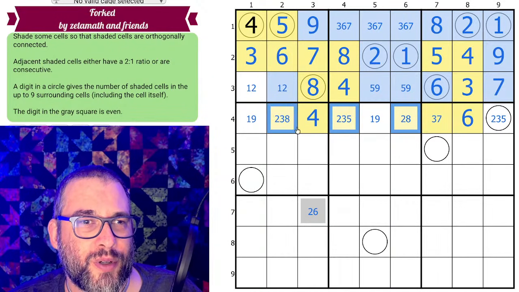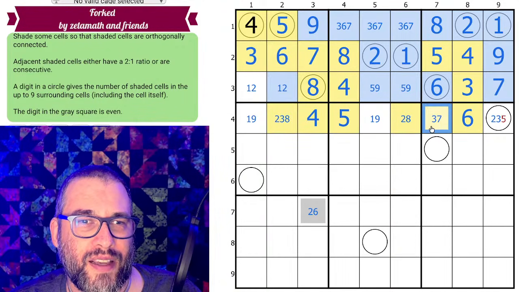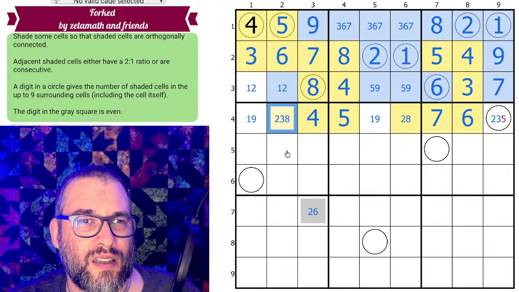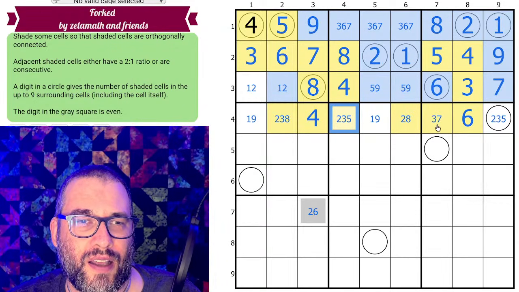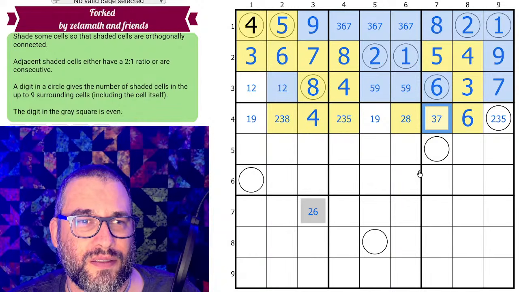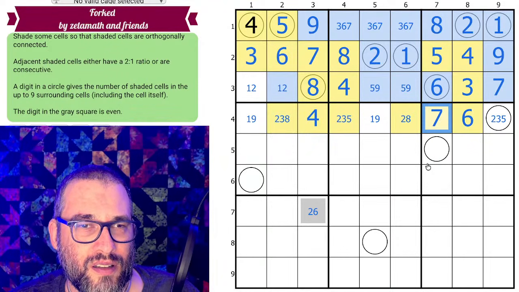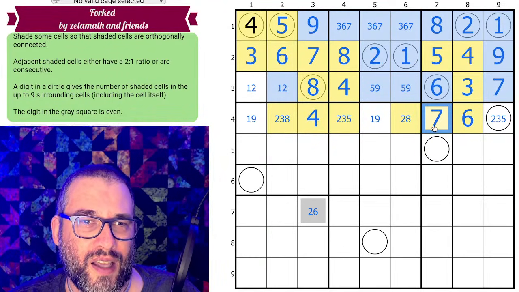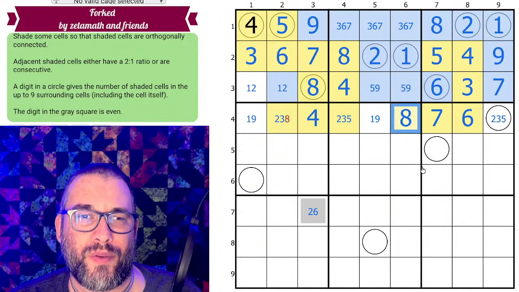This is actually a triple, is the point. And this is a hidden 5, and this is a hidden 7. Sorry, that's not true. But this is still a hidden 7. So this is an 8.